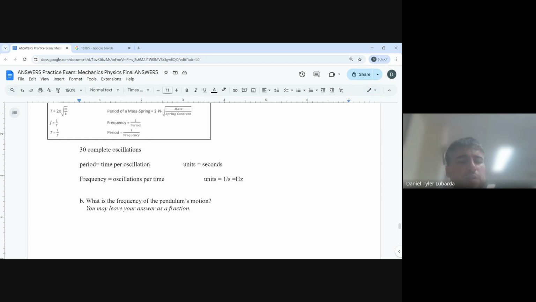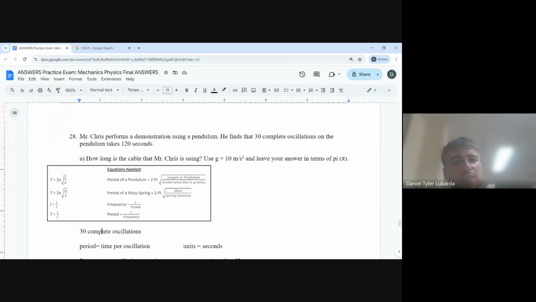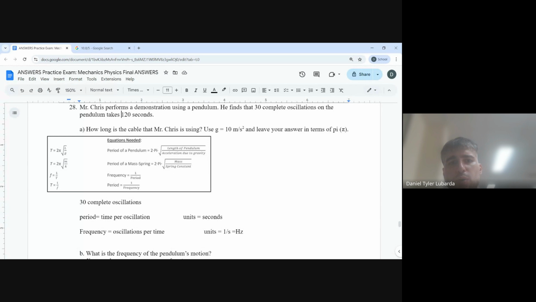Okay, so what we need to do is we want how many seconds per oscillation. So we want to do 120 seconds divided by 30 oscillations, because we want to know how much time between each one, how many seconds per oscillation.